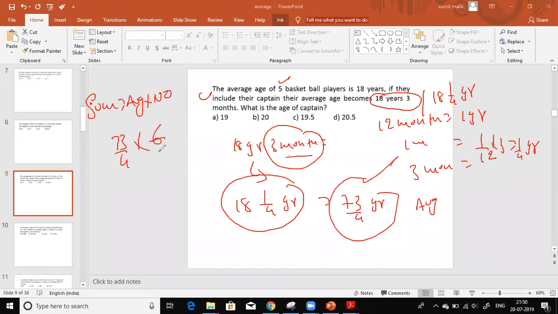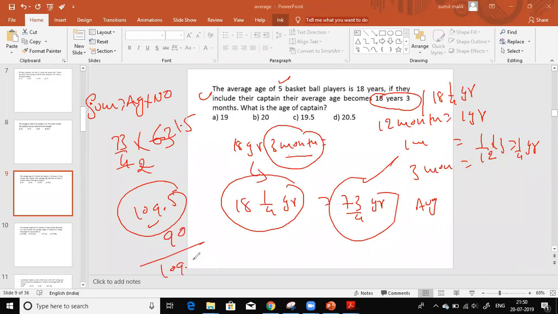Simplify it, and it is 109.5. The sum of 6 members was 109.5, and the 5 members was 90. So what will be the age of their captain? 19.5. This was the basic method.